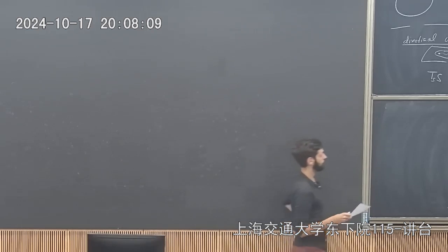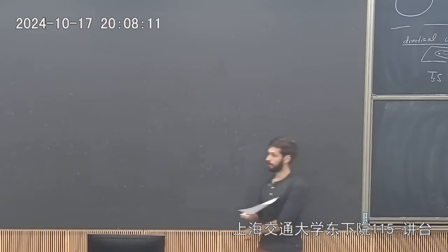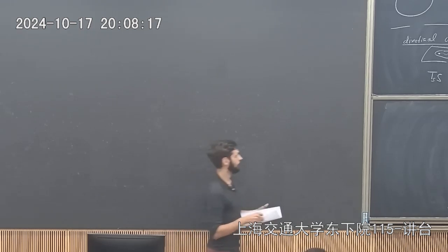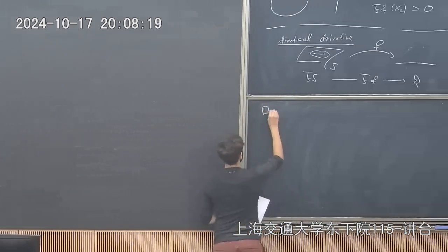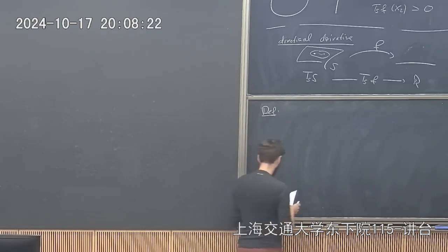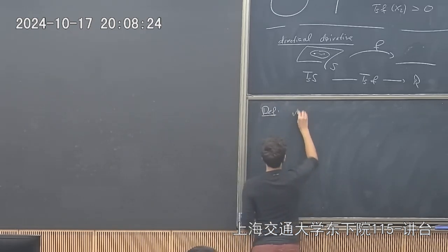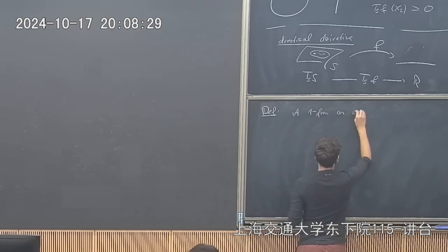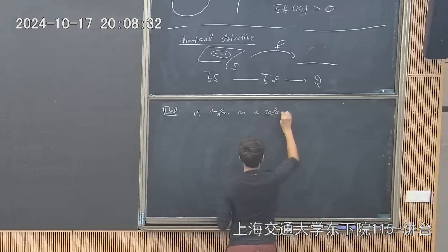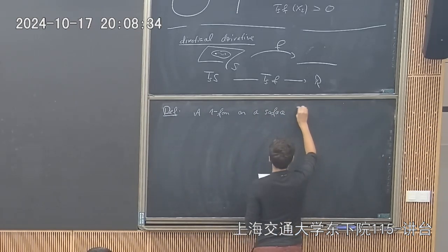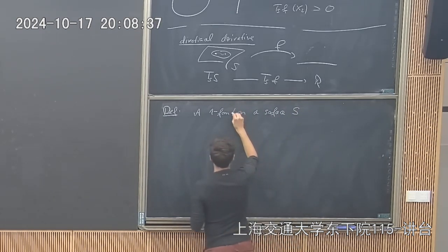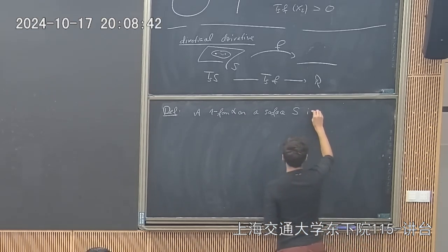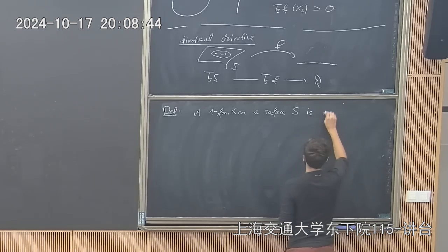Okay. So the differential form gives you a very general tool to measure things, and it's defined as the following. A one-form on the surface S, and this one-form is usually denoted by Greek letters, so alpha and beta and stuff like that. This is a linear map.